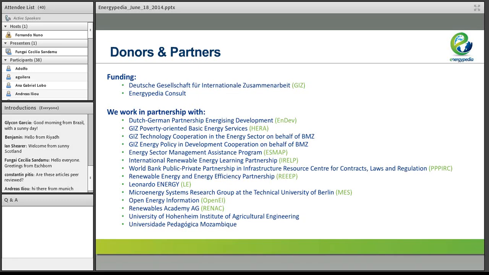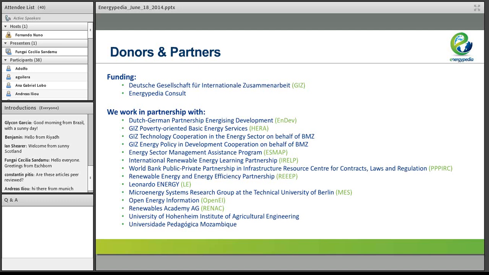We work in close cooperation with the Energizing Development Program, the Renewable Energy and Energy Efficiency Partnership, and for example, the Pedagogical University in Mozambique. Recently we have partnered with Leonardo Energy, and we look forward to working together collaboratively and strategically to ensure that this new relationship allows each organization to develop their mission fully.